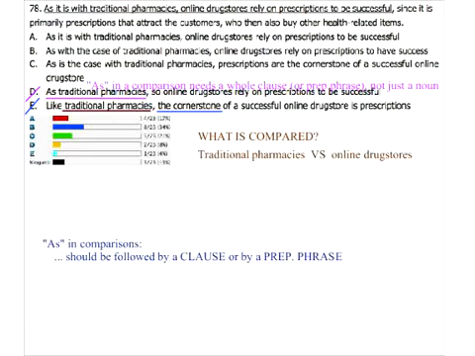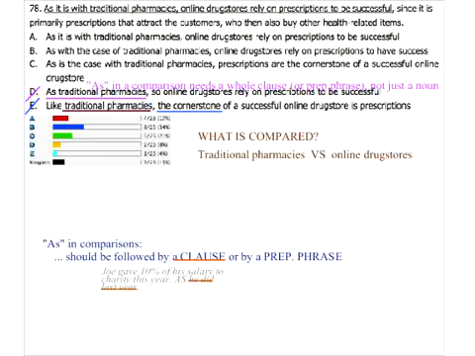So, as an example of being followed by a clause, if I say something like, Joe gave 10% of his salary to charity this year as he did last year. He did last year is a clause. It has a subject and a verb, so that's fine. Or you can have a prepositional phrase.